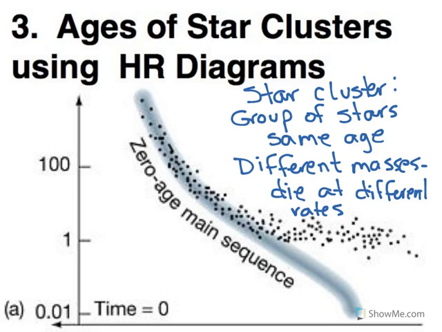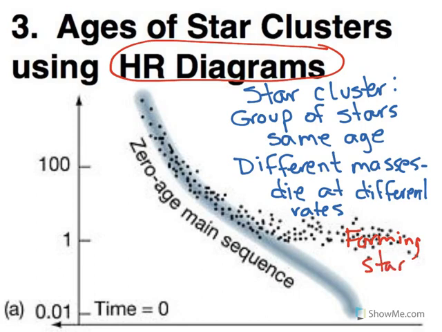So what we can do is use an HR diagram to see all these different stages, because we can have within the HR diagram a region of forming stars, main sequence stars, dying stars.